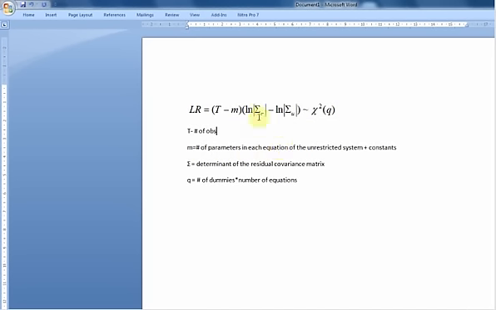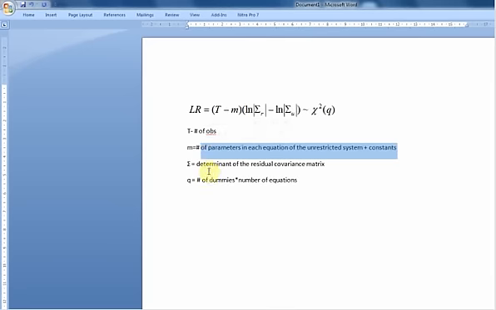In our case we have a constant plus the parameters, and how many lags did we include? 12 lags. So we'll have 12 parameters for the 12 coefficients plus one constant in each of the equations. So that's what it is here.